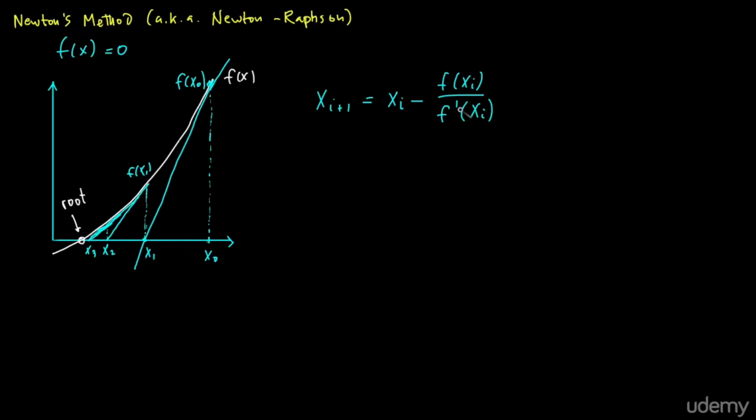I'm sure you can see where the first derivative comes from. The tangent to the line happens to be the first derivative. So this is essentially an iteration formula because the solution is found by repeated application of this equation for each subsequent value of i. So let's take a look at a very simple example.